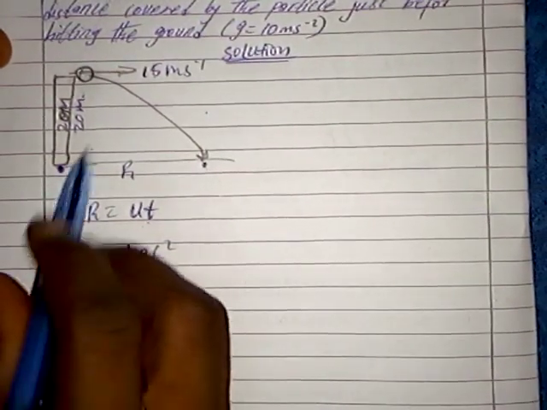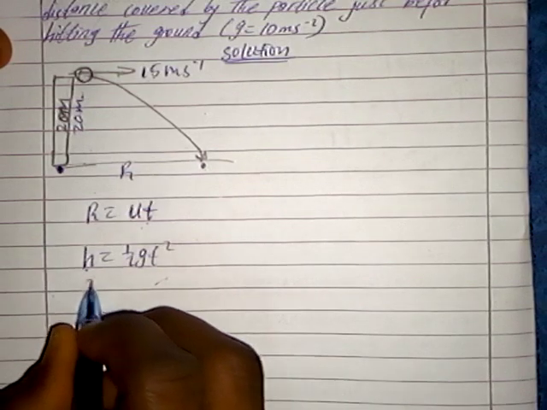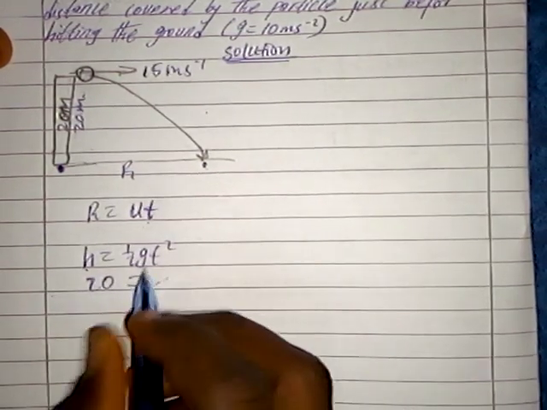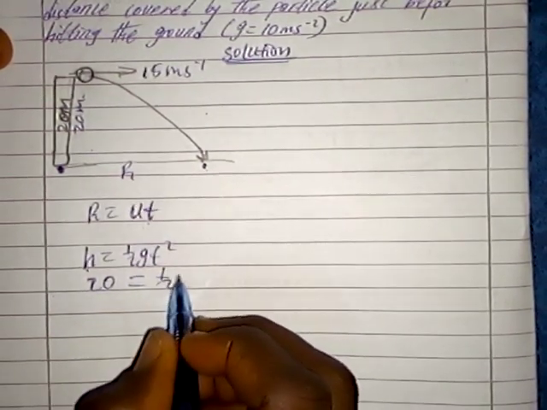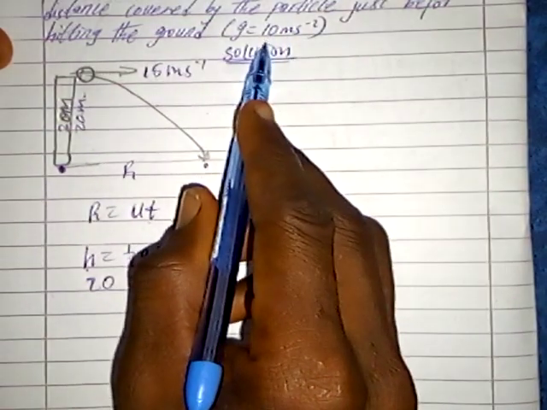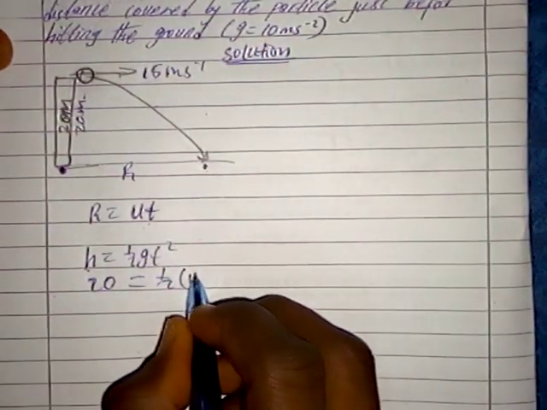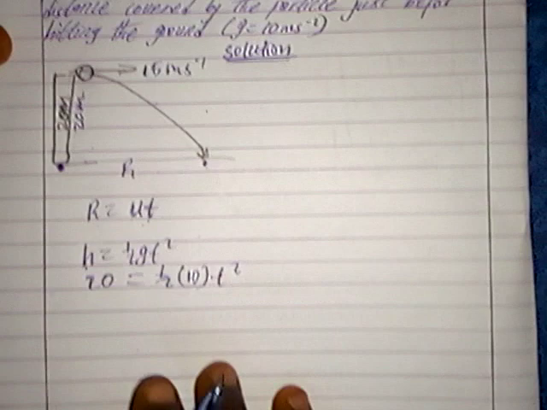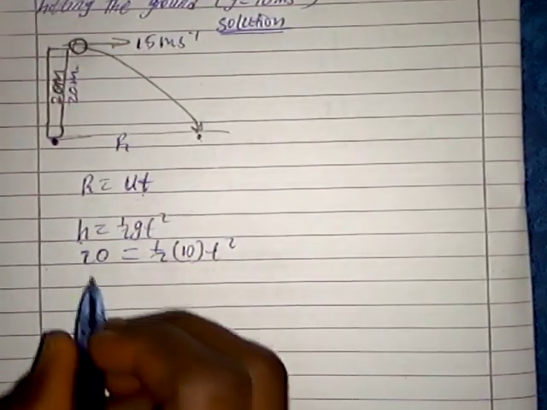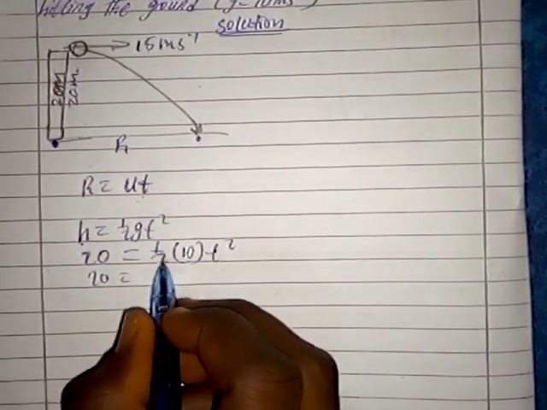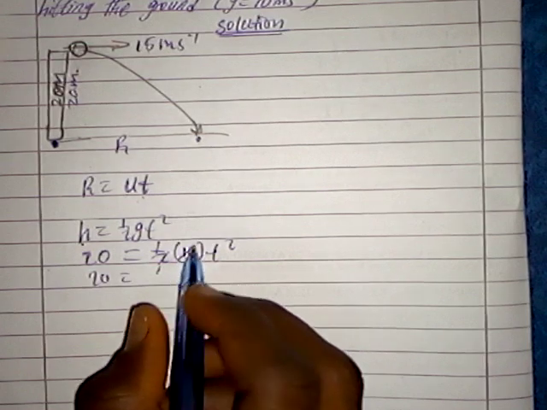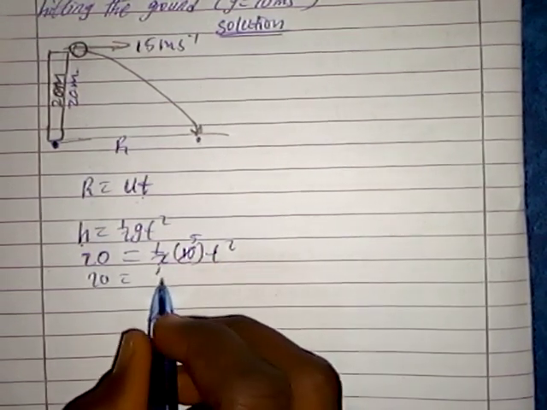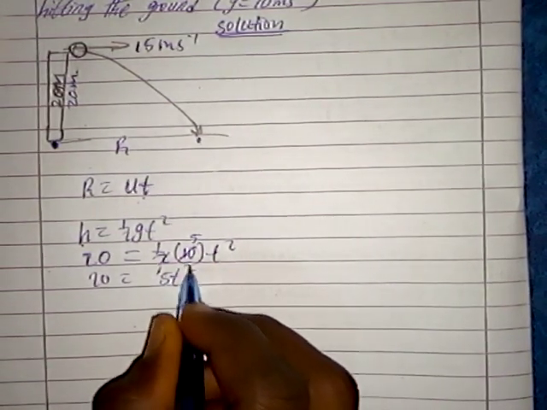The height from where the ball is projected, which is 20 meters. What is gravity? 10 meters per second squared. t squared is time, which we are supposed to find. So 20 equals 1 over 2 times 10, which is 5, so we have 5t squared.